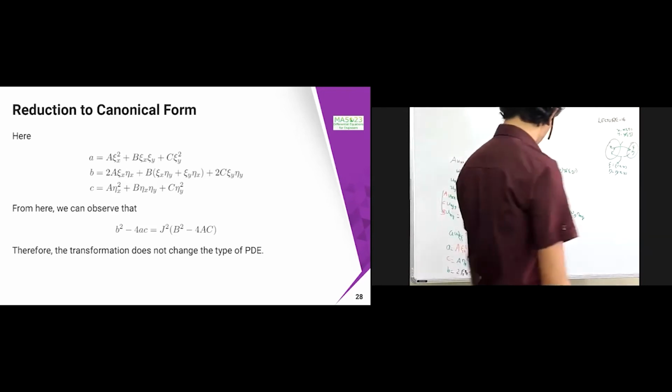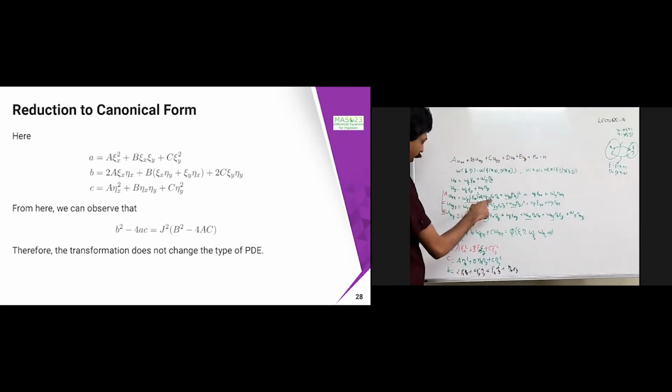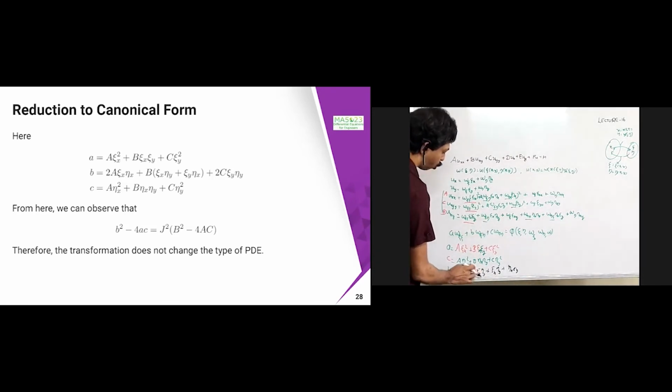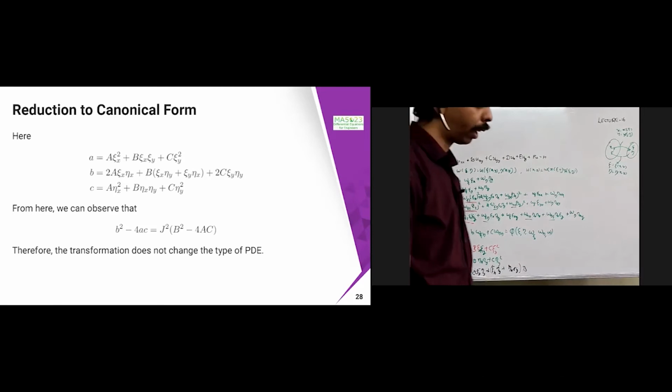Here again this will be multiplied, and this is going to be 2C, and then this is going to be into B. So these are all the terms of it.